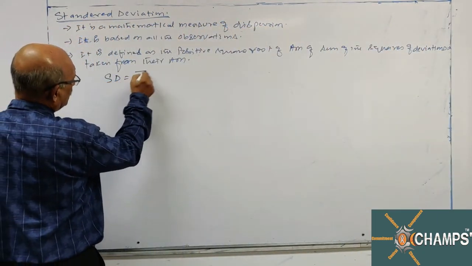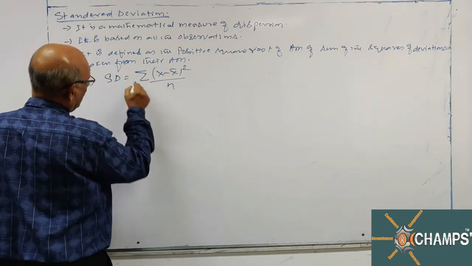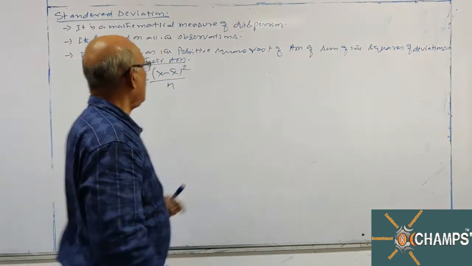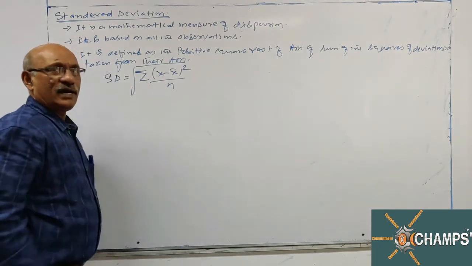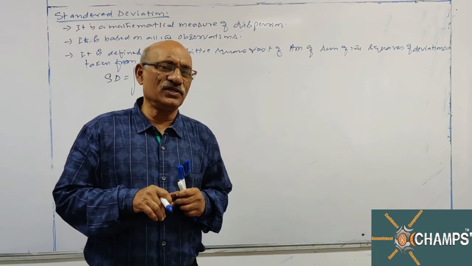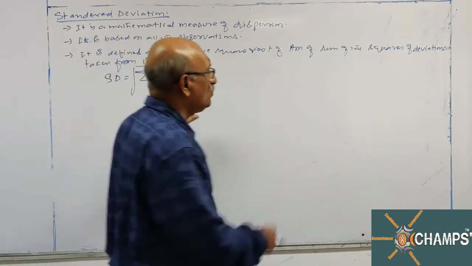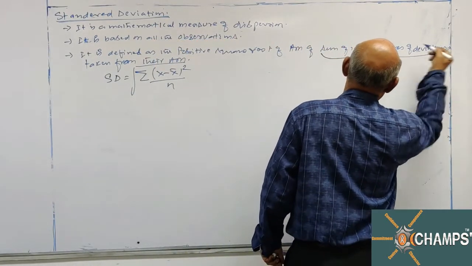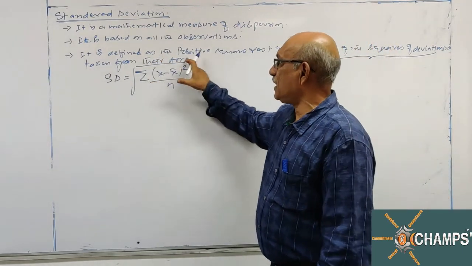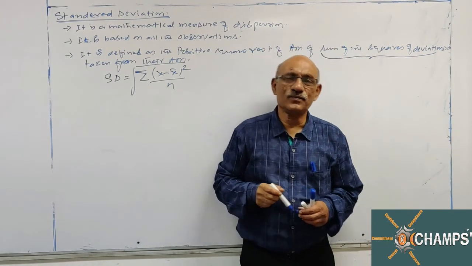So standard deviation is equal to the square root of summation of (x minus x bar) whole square by n. Look at this. Arithmetic mean means total divided by number of observations. Total divided by number of observations is always mean. And you are calculating the mean for the sum of the squares of deviations taken from their arithmetic mean. So first deviations are taken from arithmetic mean.